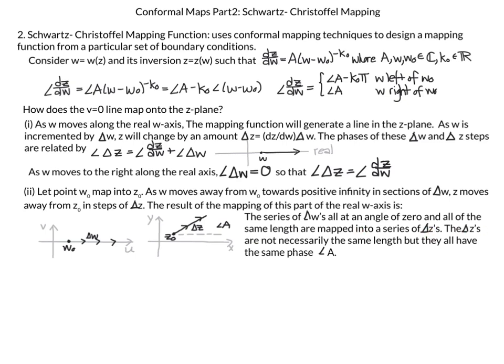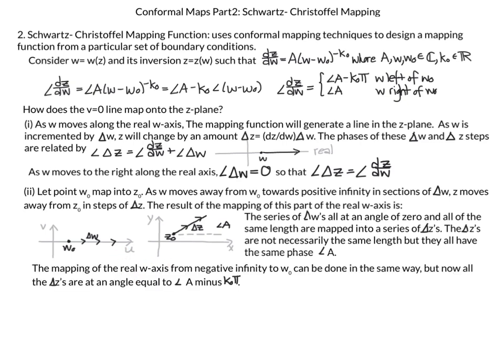The delta Z's are not necessarily the same length, but because the phase of W is the same, the delta Z's will all have the same phase, which is going to be the phase of A. And we get that, the phase of A, from over here, our previous result, that the phase of dz dw is equal to the phase of A when W is to the right of W naught.